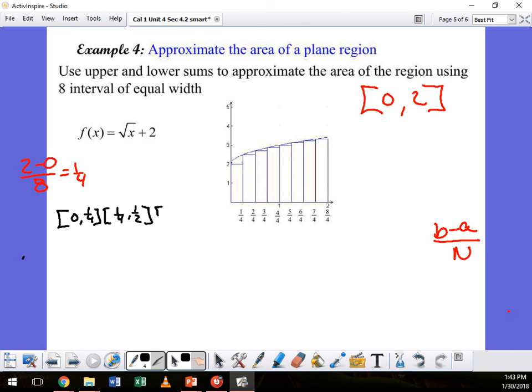Next, 1/2 to 3/4. 3/4 to 1. 1 to 5/4. 5/4 to 3/2. 3/2 to 7/4. 7/4 to 2.